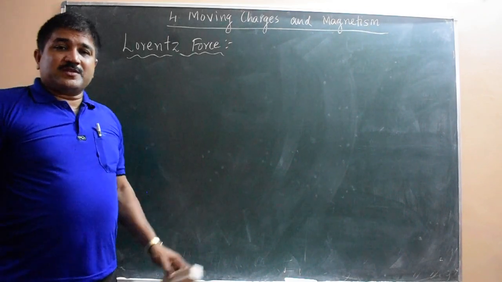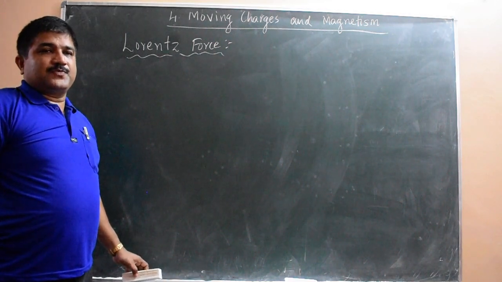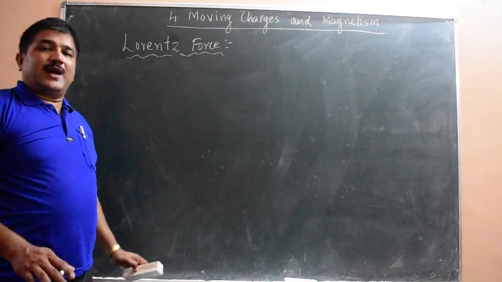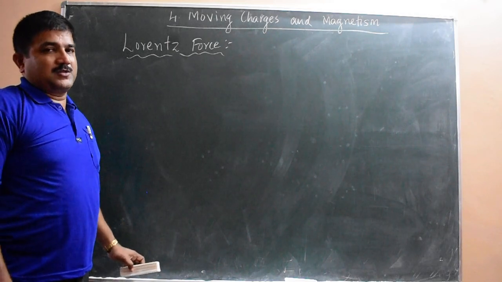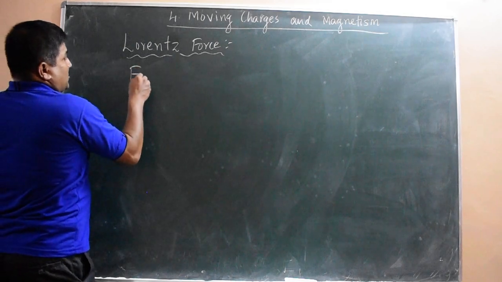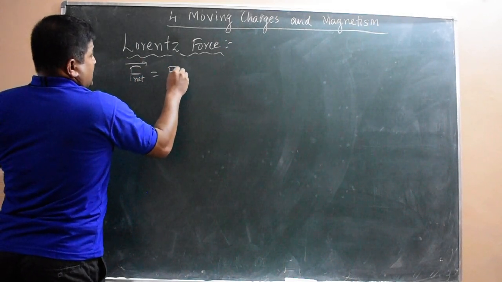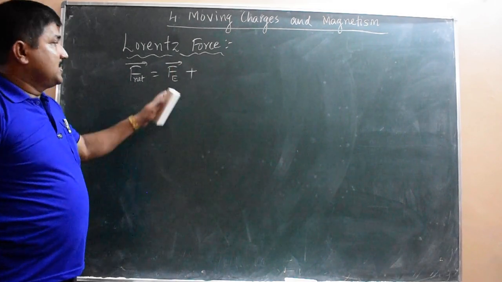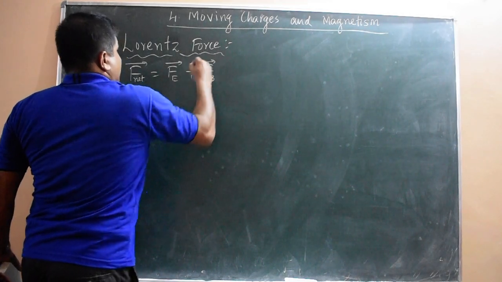So the net force experienced by the moving charge in the presence of both electric field and magnetic field is called the Lorentz force. The net force is vectorially written as F net equal to F E, the electrostatic force, plus F B, the magnetic force.